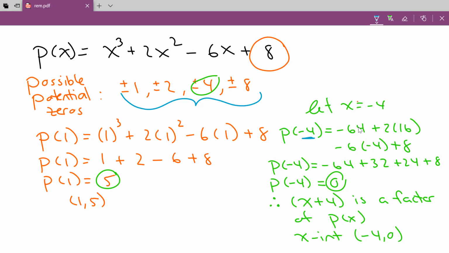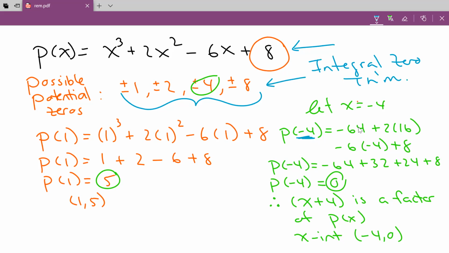So maybe, just maybe, it's a smart thing to graph this first and see what your x-intercepts are, and then show me that it is indeed a factor. Just a little hint for you that you should do. Okay, this here, listing the possible factors, is known as the integral zero theorem.